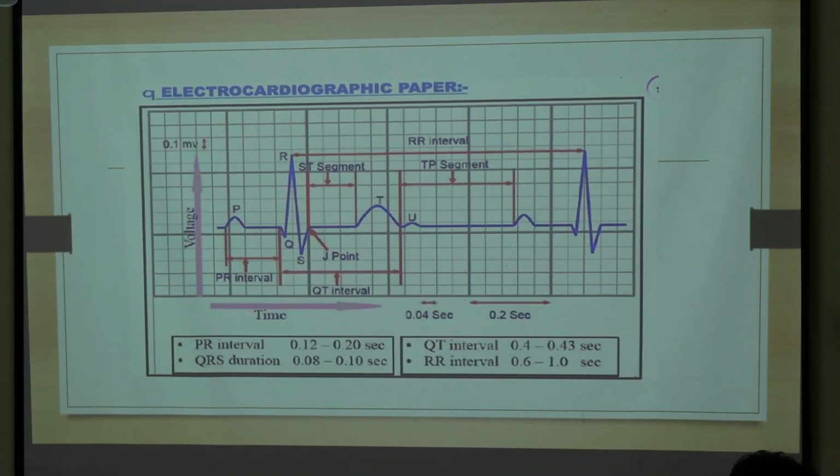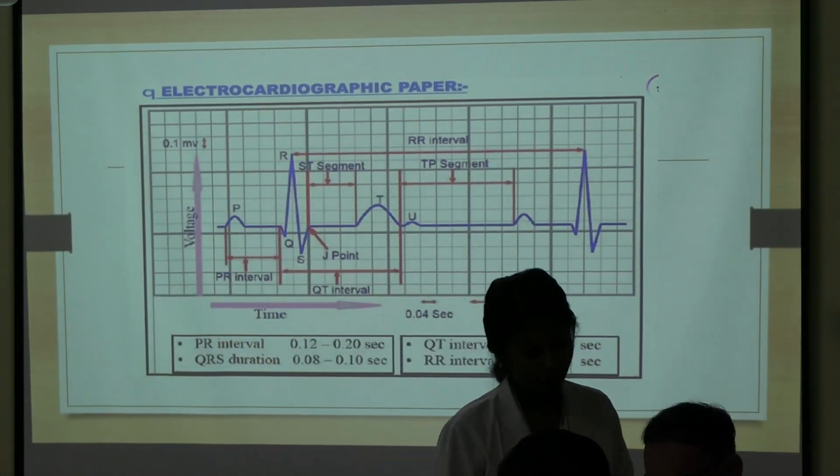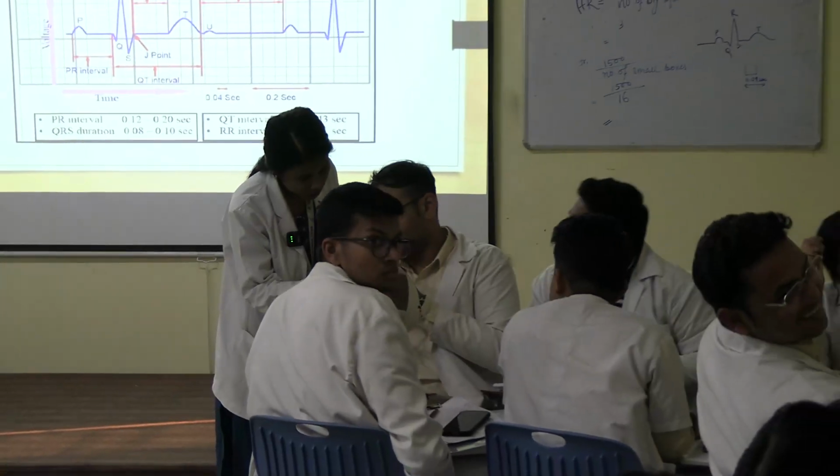Then for amplitude, suppose this is the baseline, then from the baseline, how many boxes is the wave covering? That will be your amplitude, okay? Does he have MI?